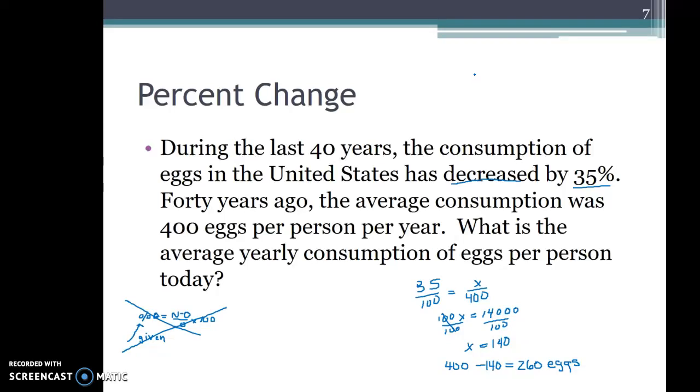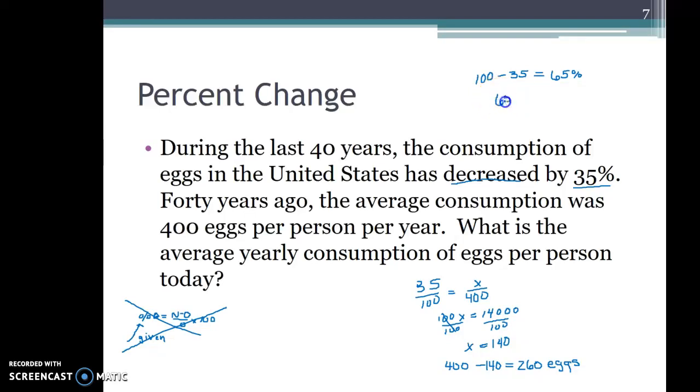Here, the 100%, which was represented by the 400 eggs, is decreased. So if I take 100, the total, and decrease it by 35%, I would find out that what people are eating today is 65% of what it used to be. So I can work this problem with the 65% using the subtraction to literally change the percent.